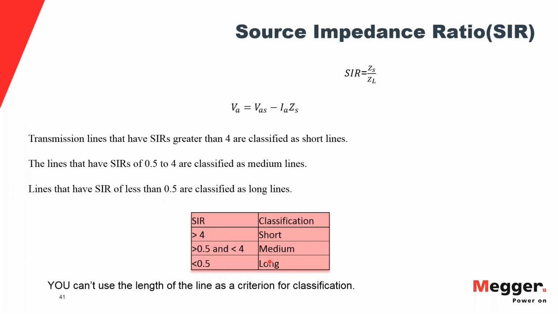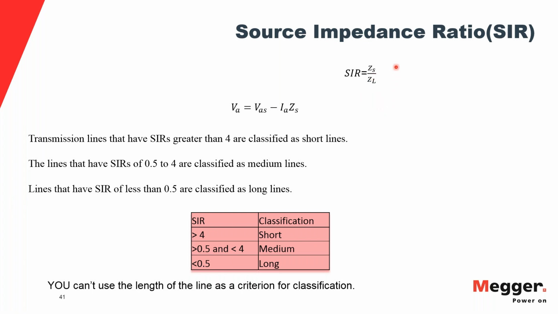Why is this like that? Well, first of all, remember that the source impedance ratio is the source divided by the line. The longer the line, the bigger this impedance is going to be, the lower the SIR. The shorter the line, the lower this impedance is going to be, the higher the SIR.